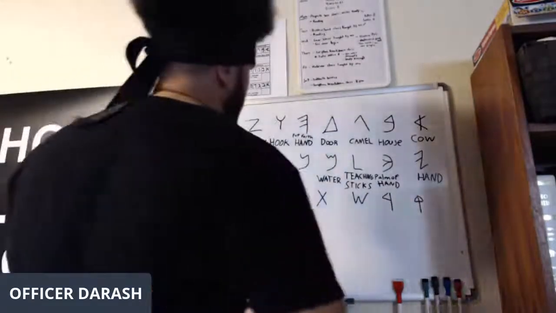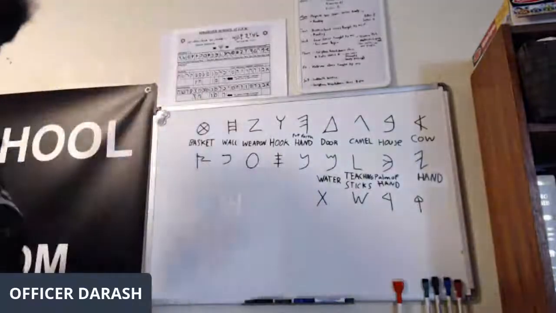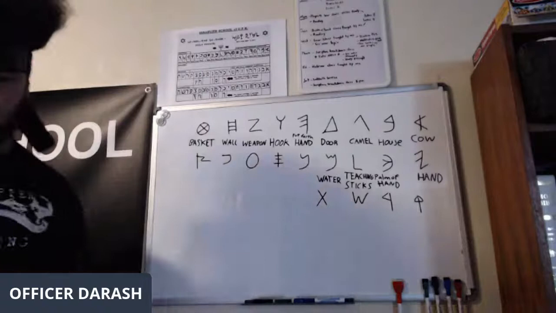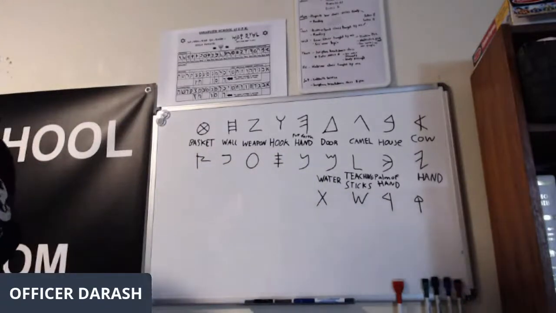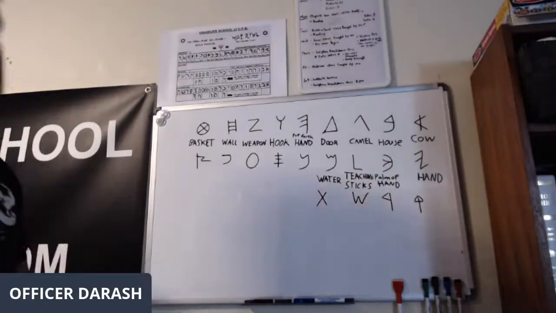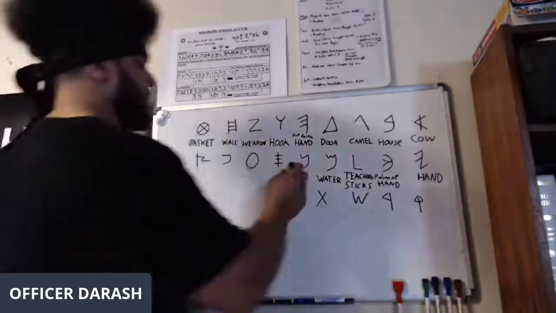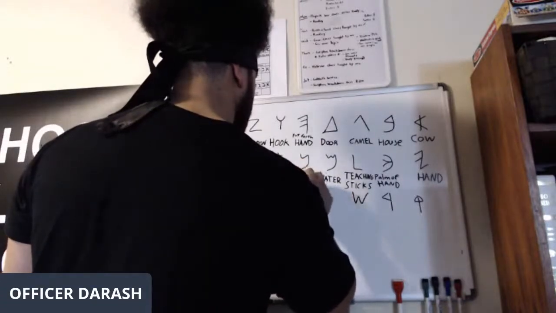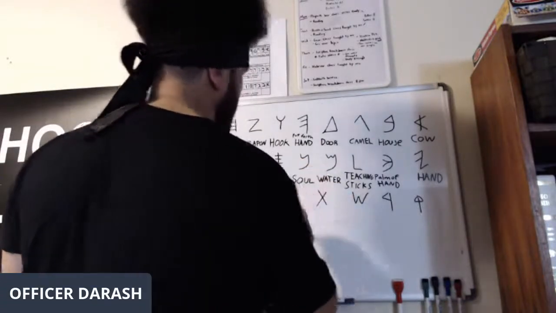All right. Mayam, water. Next, which is napash, means breathing or animal or soul. Breathing animal, breathing beast, soul. That's napash. All right, so we're just going to put soul.